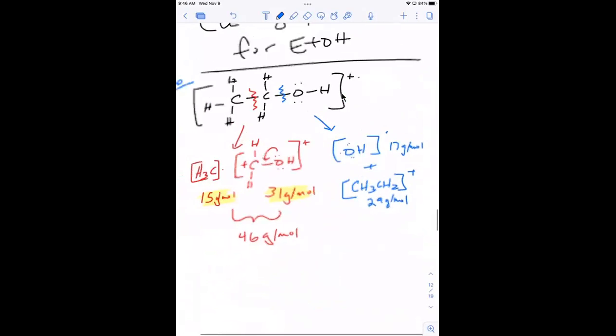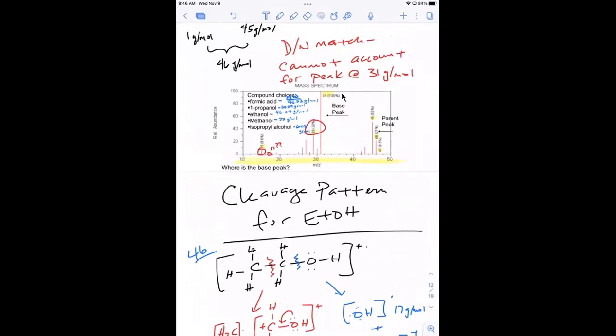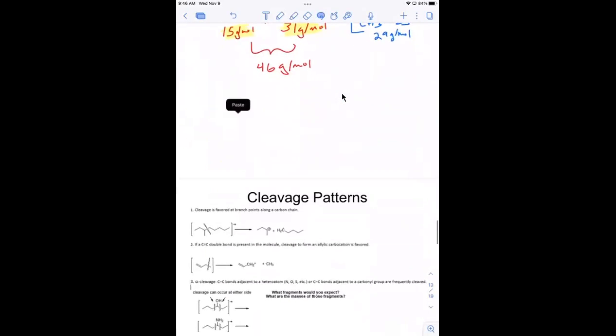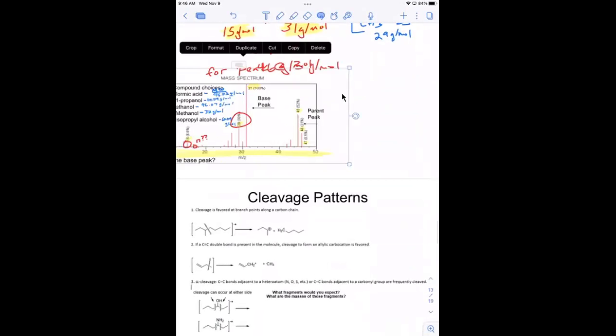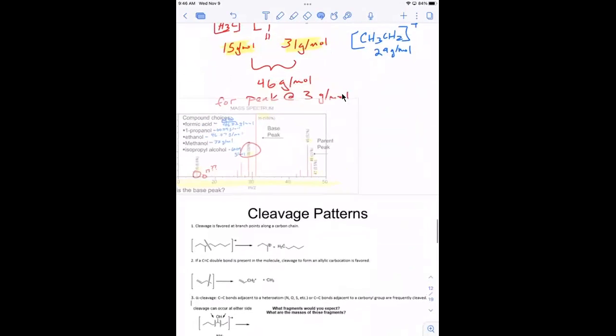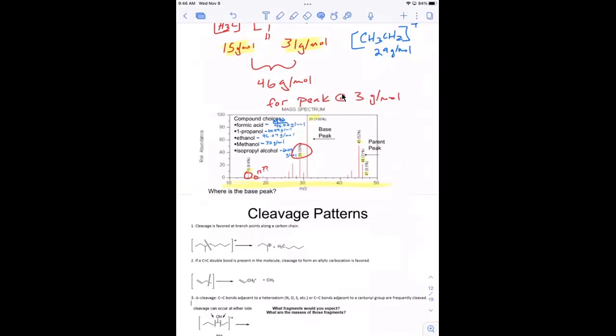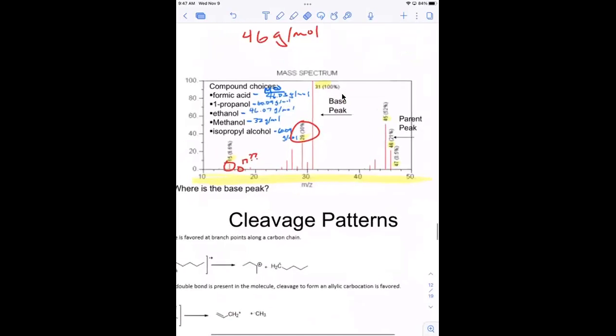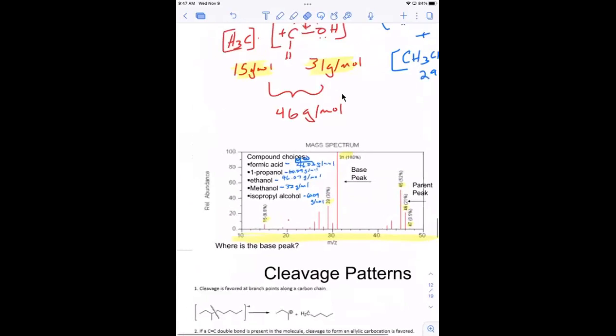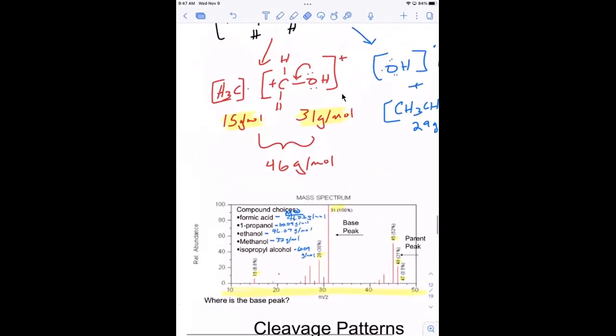And I think you can see now that if I copy this and put that spectrum here, if we look at the spectrum, every peak is accounted for, right? The base peak at 31, we see that right here.